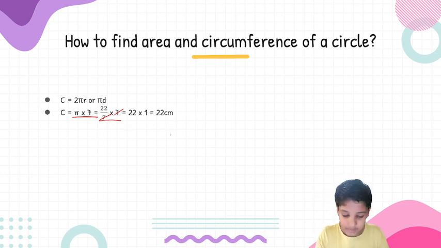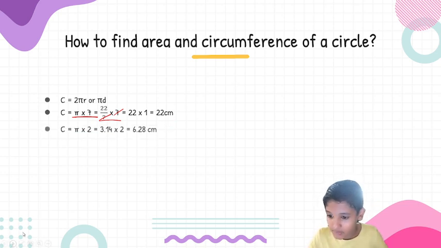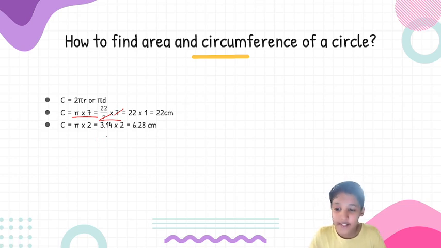Now let's move on to another example of circumference. Let's say our diameter is 2 centimeters. Now since 2 is not a multiple of 7, we won't be using the fraction, but we will be using the decimal. Now to make things simpler, 3.14 times 2 is basically 314 times 2.